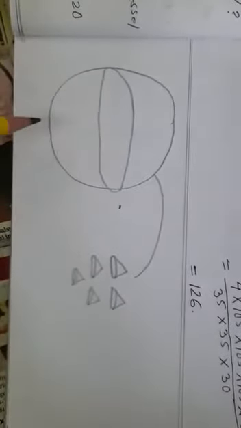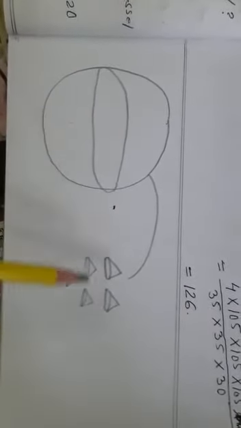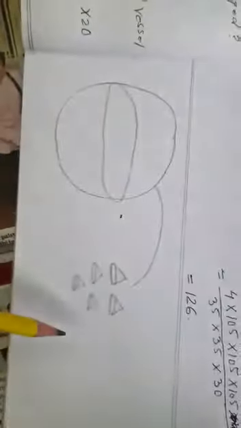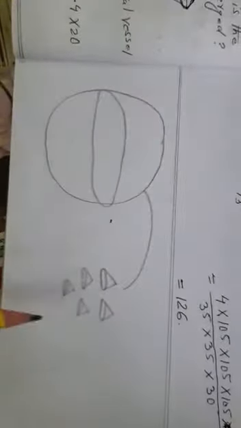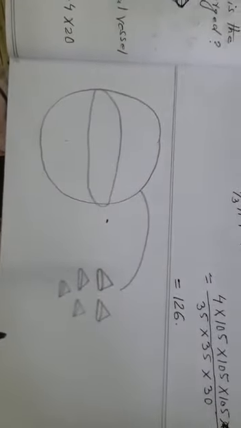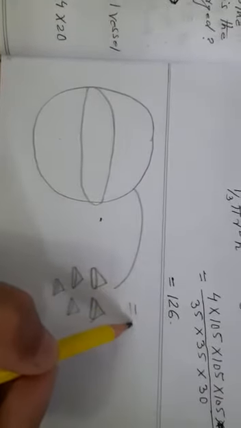In this type of problem, when you are asked how many smaller things will be formed, how many cones, how many spheres, the formula will be, see the formula.